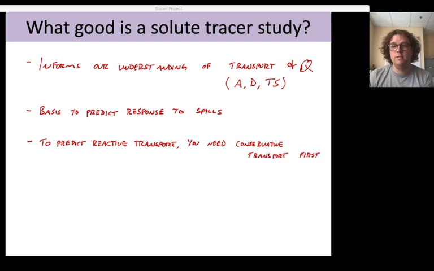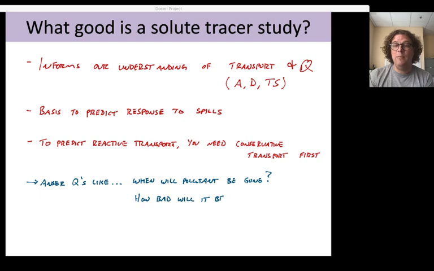So we first must understand transport before we can add transformation or reactivity to it. And with this knowledge, we're able to answer important questions like, if there's a spill, how long until the pollutant is gone? Or how bad is it going to get? Which typically means, what will be the highest concentration that I'm going to see.